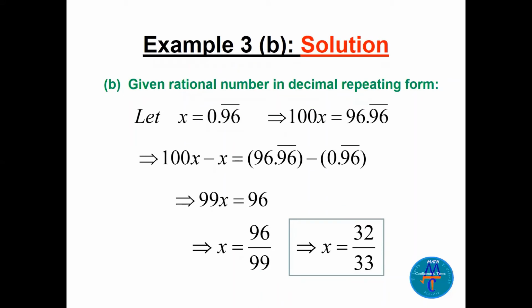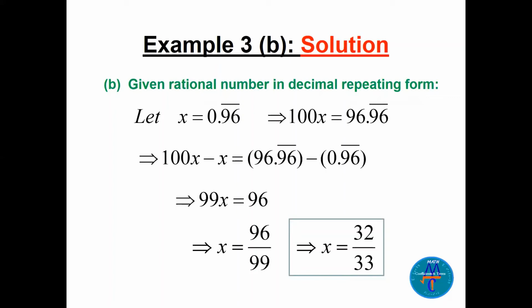Now let's see the second one. Two repeated numbers, 0.969696, or we write 0.96 dash. Since I have two numbers in the repeated part, I multiply by 100. So 100 on both sides, 100x is equal to 96.96, also repeated.